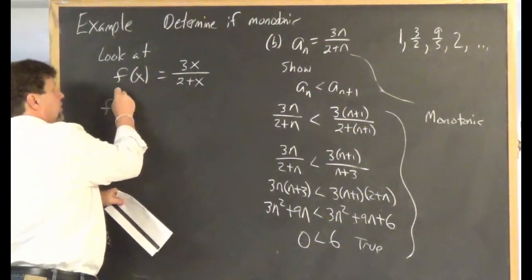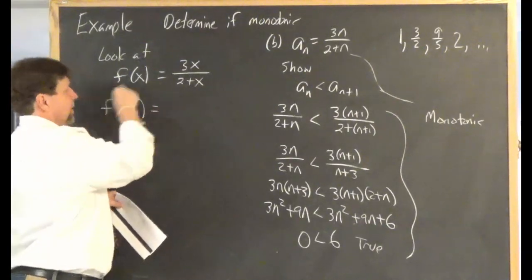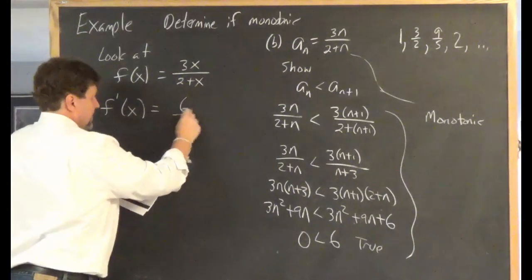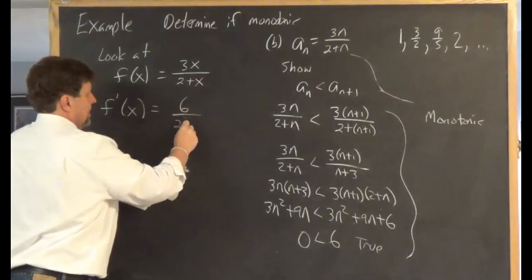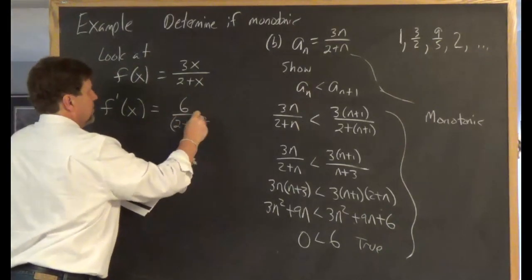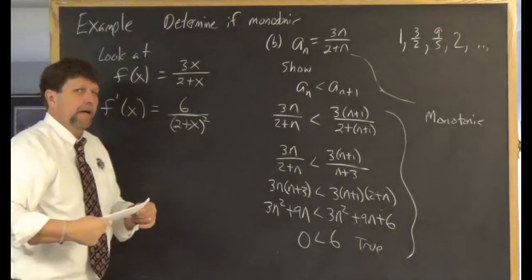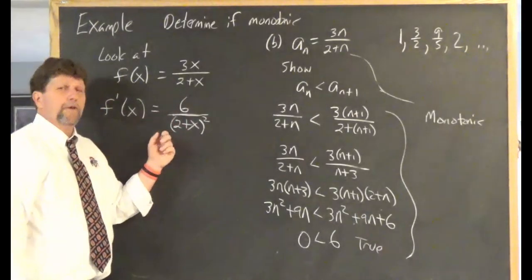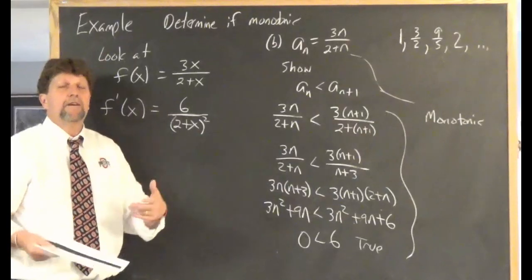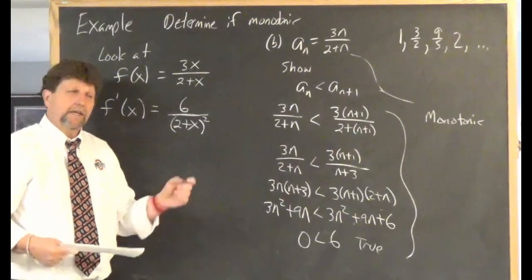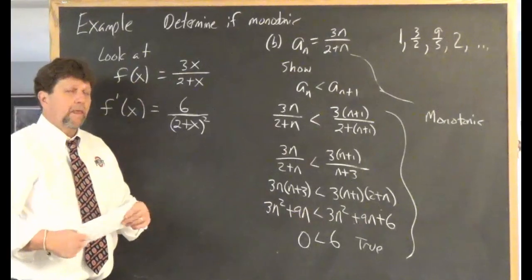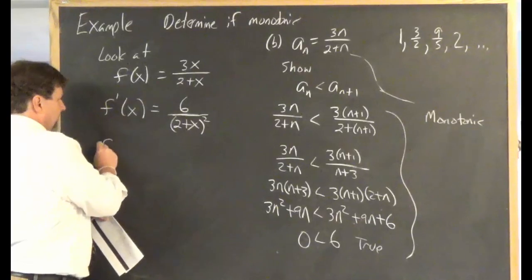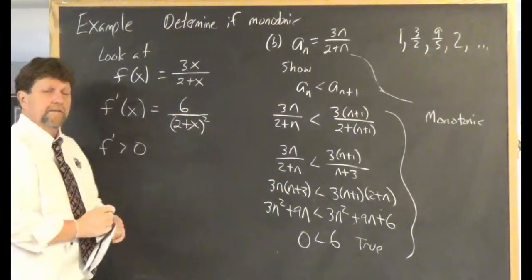Well, let's see. We know the derivative of this function. If you crank this through the quotient rule, you're going to get the simplified derivative, which is 6 over 2 plus x quantity squared. To determine if a function is increasing or decreasing, we use the derivative. Look at this derivative. For any real number you put in for x, the derivative will always be positive.